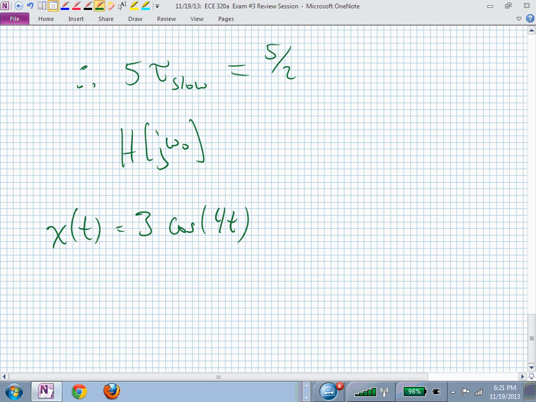What did I say? 3 cosine of 4t. How long would we have to wait before we reached sinusoidal steady state? 2.5 seconds. That hasn't changed, has it? So we wait 3 seconds, and now we can say, okay, where are we going to be? Where's our output going to be relative to where our input is? And that's what our system tells us.